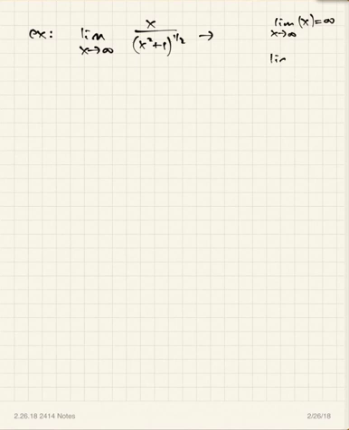And in the denominator, the limit as x goes to infinity of x squared plus 1 to the 1/2, well, that's also infinity, right? As x gets larger and larger, that would get larger and larger also. So this is infinity over infinity. And so this is a problem where maybe L'Hopital's rule works here. All right, so use L'Hopital's rule. Write that out.